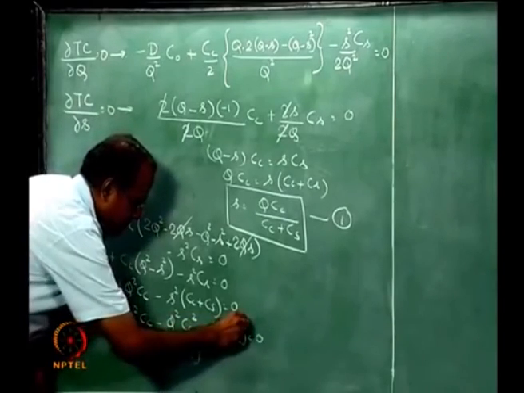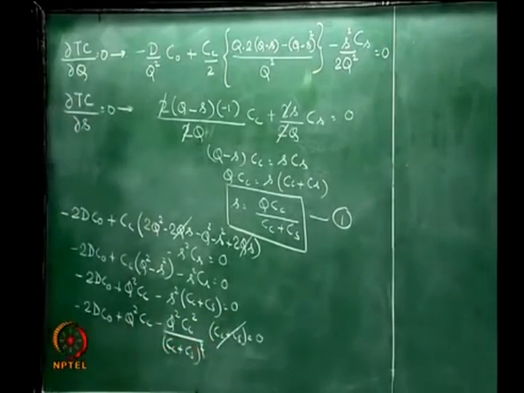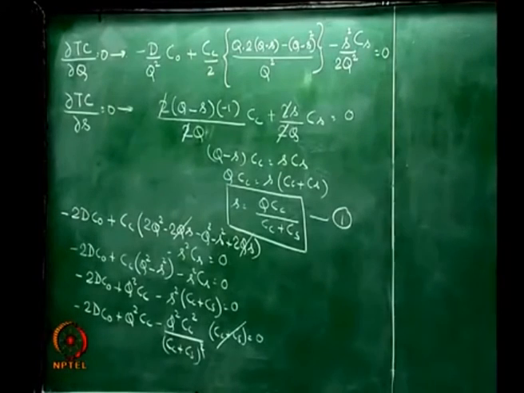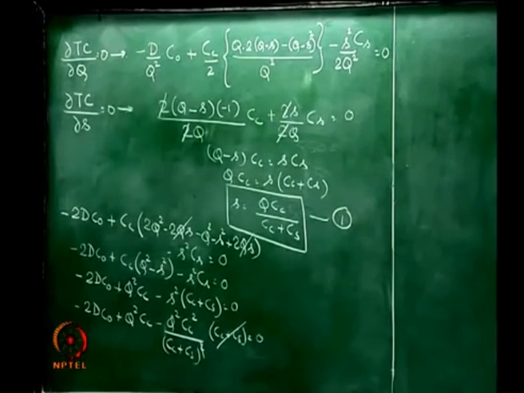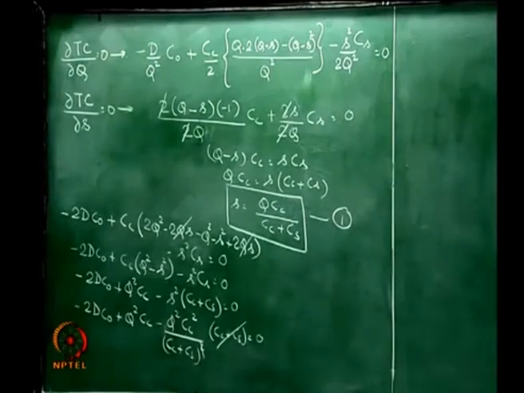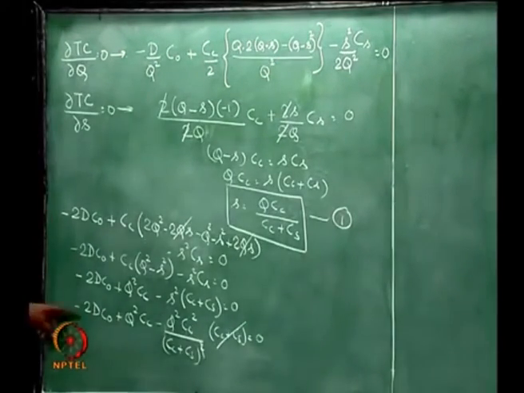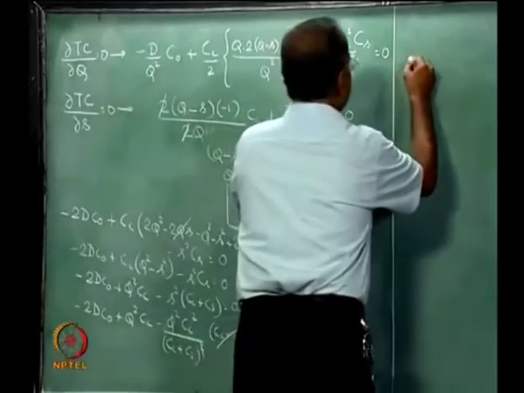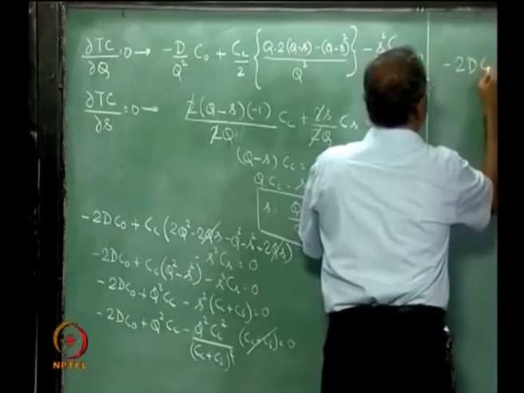Now, this will go and this will remain. Now, this will simplify to minus 2d C naught.